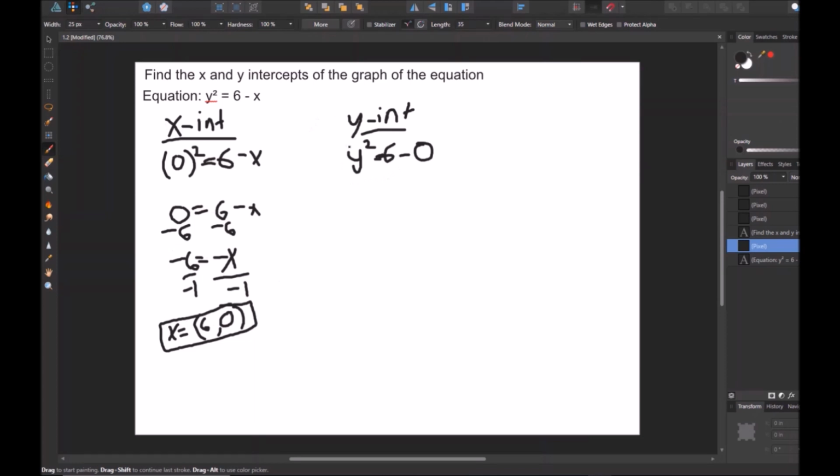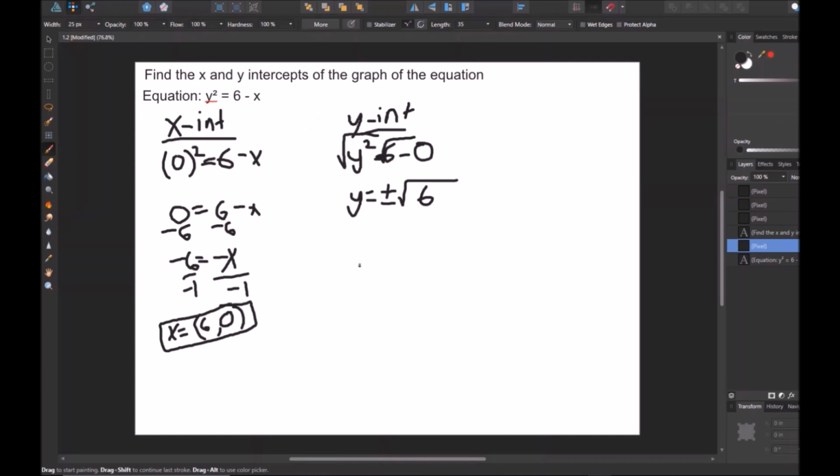So then in order to get y alone, we have to take the square root of 6. So we have y equals, and here's the thing, when you take the square root of something, you have to write it as plus or minus the square root of 6, or whatever number you're taking the root of. And here's why.